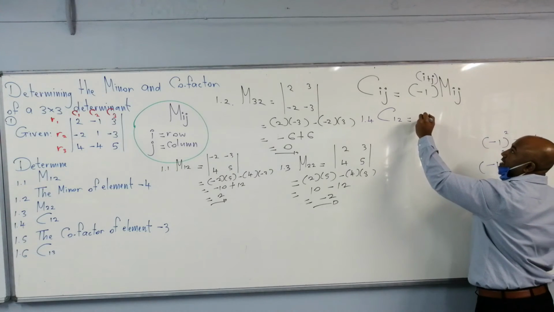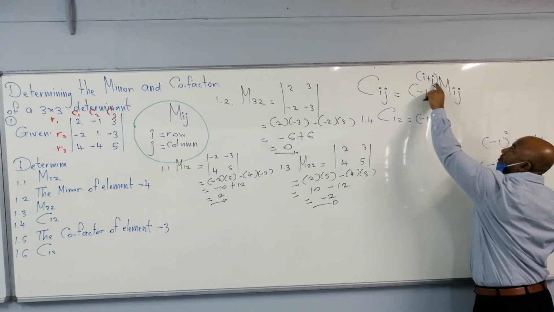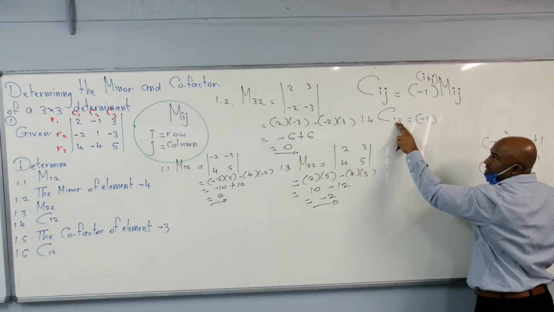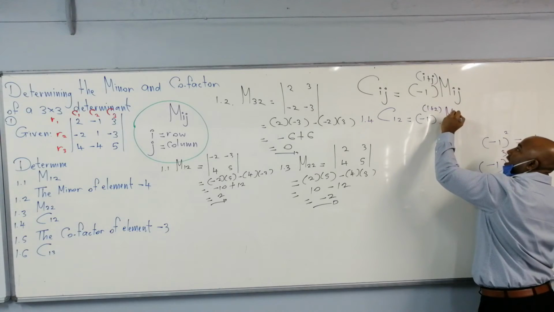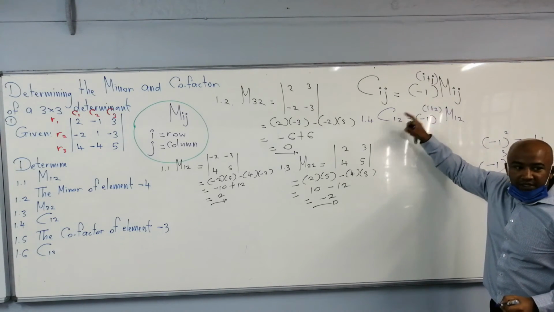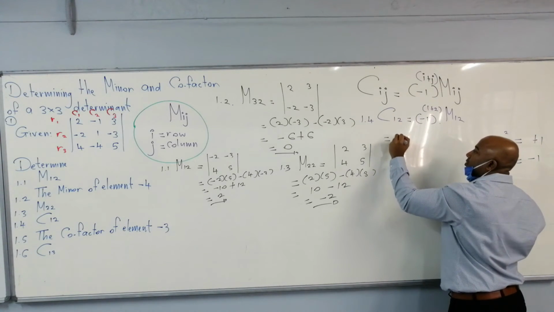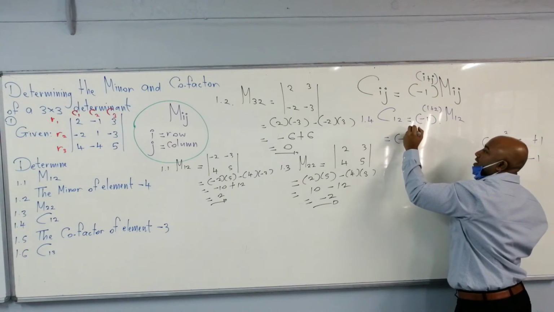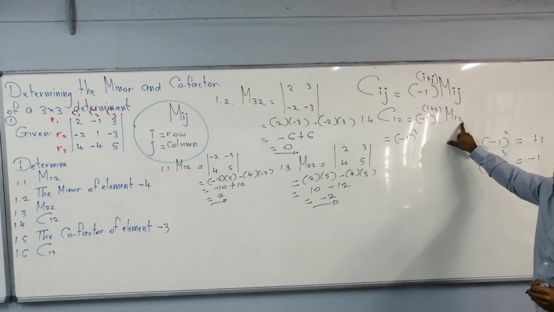So the formula works like this: minus 1 to the power i plus j, that means add these two numbers up, 1 plus 2, times M12. It's the same i, the same j there. So now we've got minus 1 to the power 1 plus 2, which is 3, and what is M12?